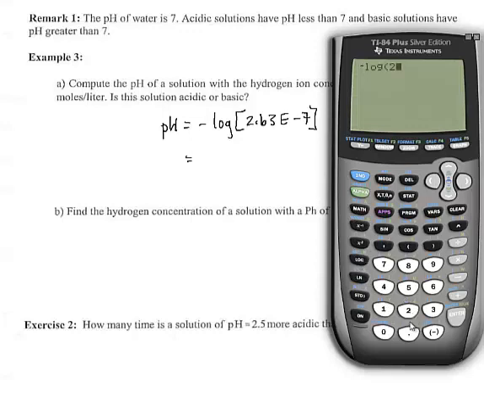Common log 2.63 times 10 to the negative 7, enter. We get a pH of 6.58 approximately. So I'll change this equal sign to approximately 6.58. So with a pH less than 7, this would be an acid.